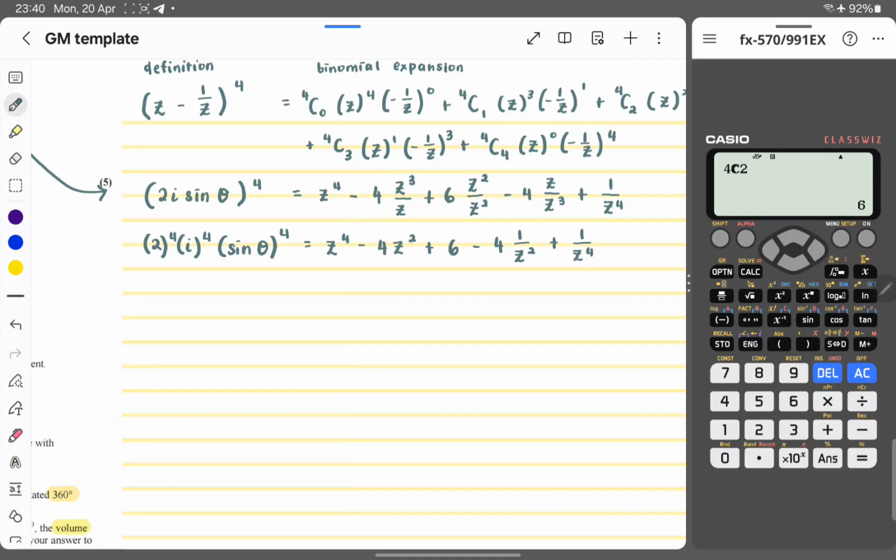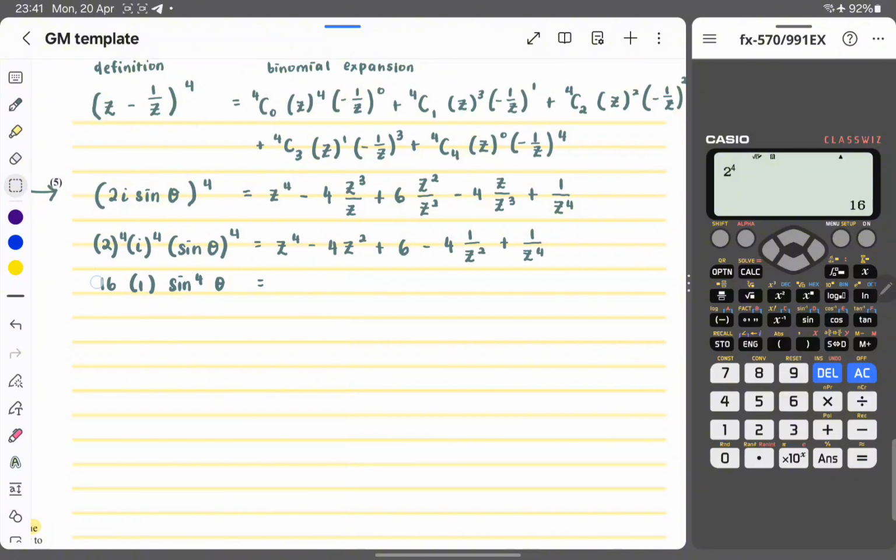Now let's solve our left hand side. 2 to the power of 4 is 16. Okay, we know that i squared is negative 1. Negative 1 squared is 1. So here would be sine to the power of 4 theta equals to.